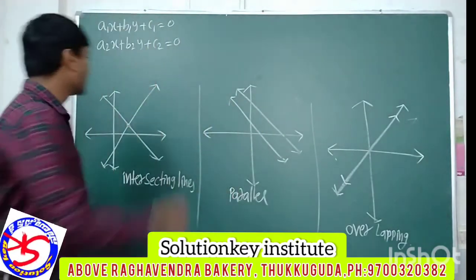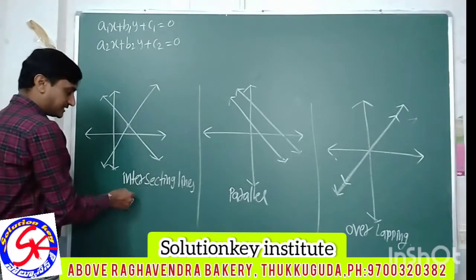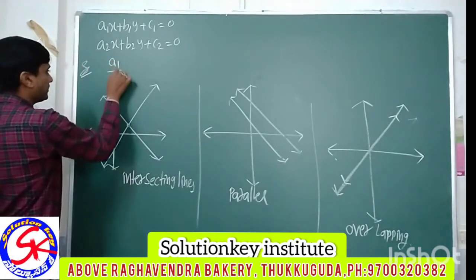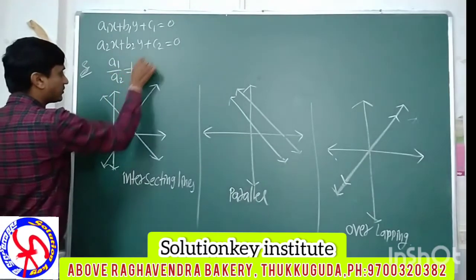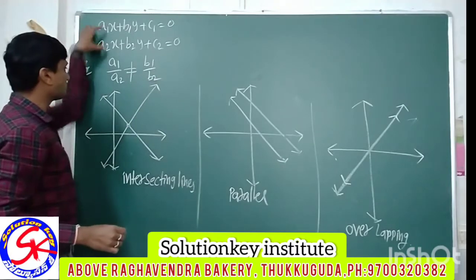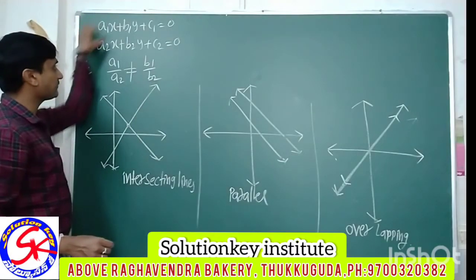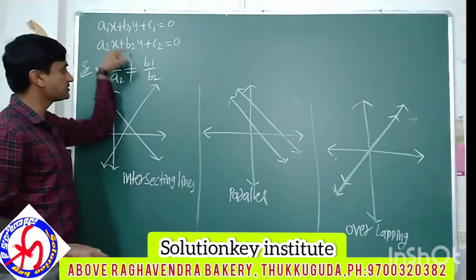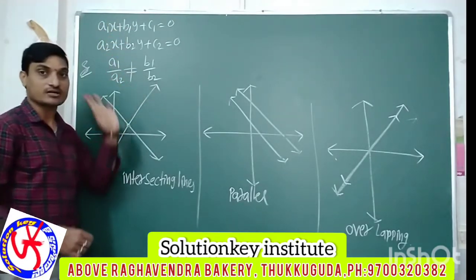Then the condition for intersecting lines is a1 by a2 is not equal to b1 by b2. The first equation's coefficient by the second equation's, these two ratios are not equal.